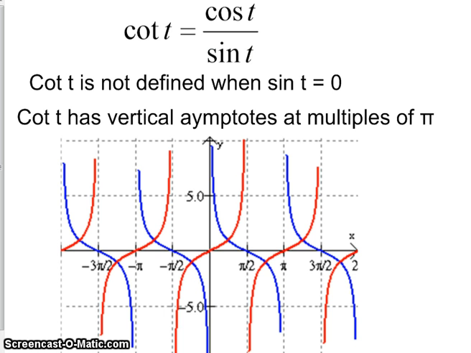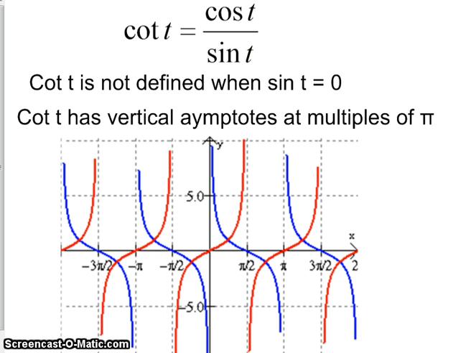Tangent has a 0 at 0, and the vertical asymptotes are at pi over 2 and negative pi over 2. Tangent is increasing, okay? Now, cotangent has vertical asymptotes wherever tangent is 0.